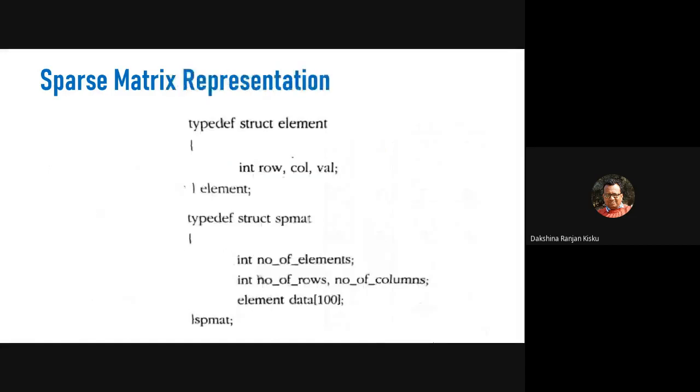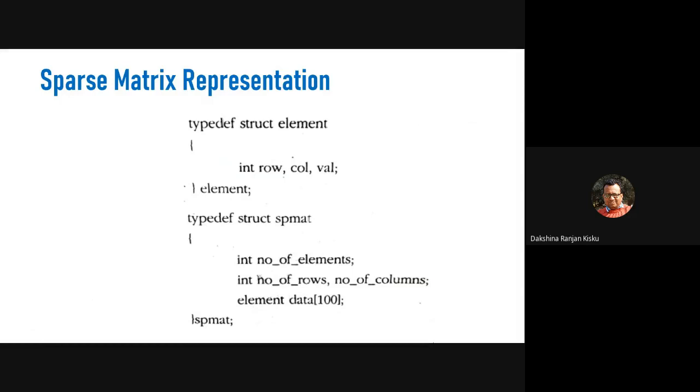Okay, now when we write a program on sparse matrix representation, or the operations which are performed using sparse matrices, then we need to define the three tuple representation. This three tuple representation is defined by typedef structure representation.